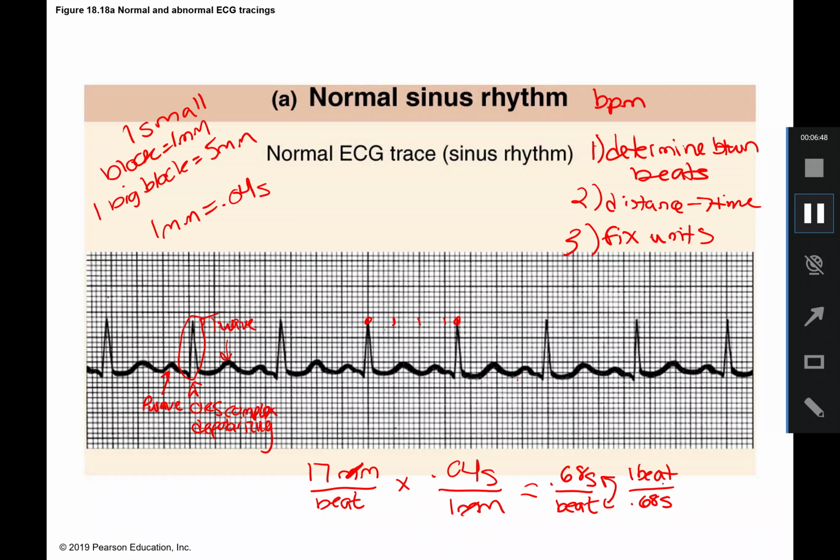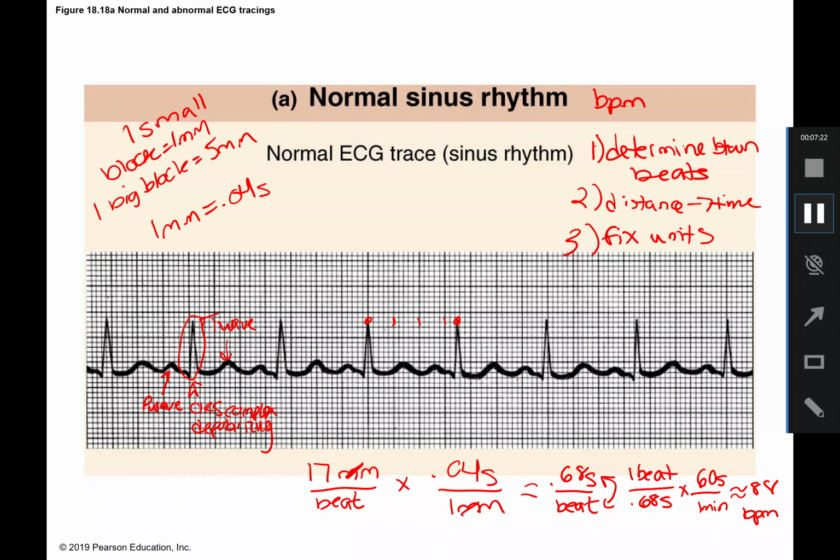Saying 1 beat occurs every 0.68 seconds is the same thing as saying every 0.68 seconds 1 beat occurs. So these two things are equivalent. Now I have beats in the numerator. Now all I have to do is get rid of my seconds and convert that into minutes, and I get approximately 88 beats per minute. And so that is how I determined heart rate for this particular ECG.